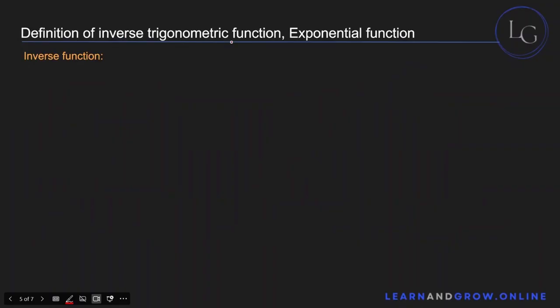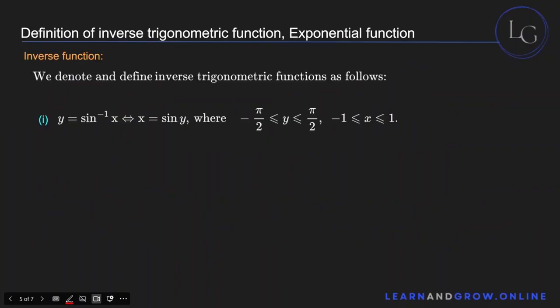Now we need to discuss inverse trigonometric functions and exponential functions. Again, once you plot the graphs, you'll understand. But in simple terms, when y is equal to sine inverse of x, you take sine to the left-hand side, and then it will take the sine inverse function to the other side, and it will become a sine function. So in this case, x will be equal to sine y. And once you plot the graph for this particular case, you'll find out that this is the range and this is the domain.